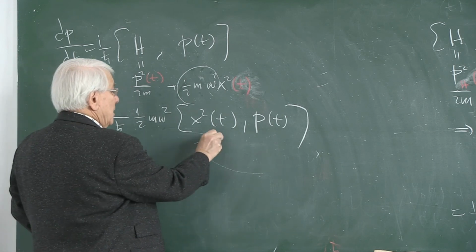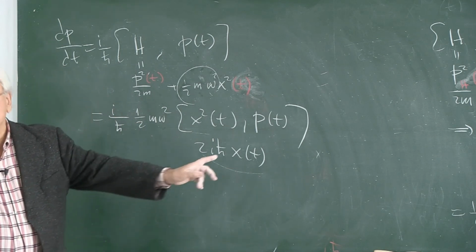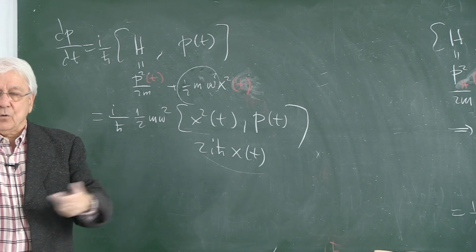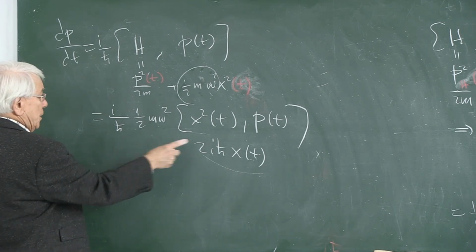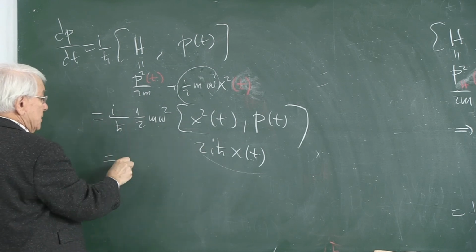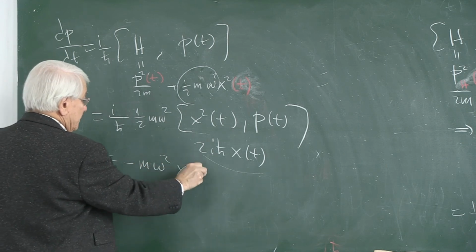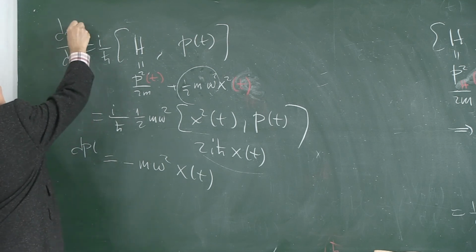So twice i h bar x of t. I carried out the commutation by heart, [a, bc] decomposed, okay? That's it. So what is it? i h bar over i h bar cancels against this, 2 cancels. So you have minus m omega squared x(t). So this is dp(t)/dt.